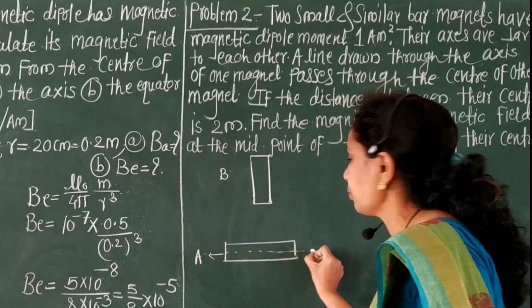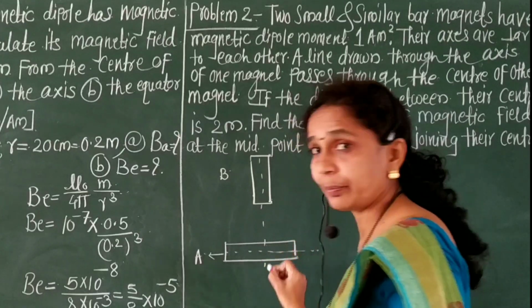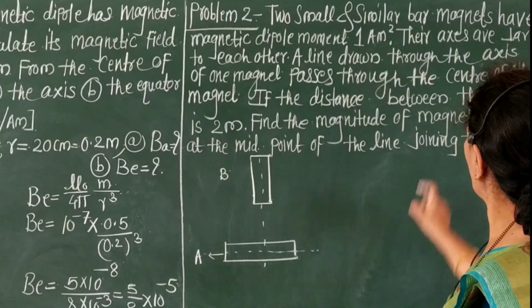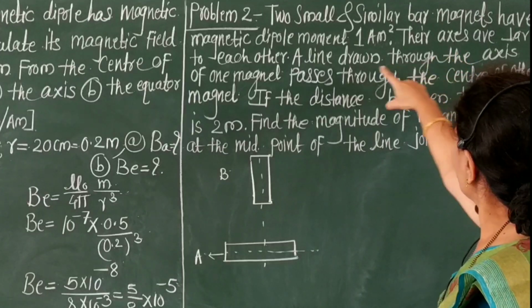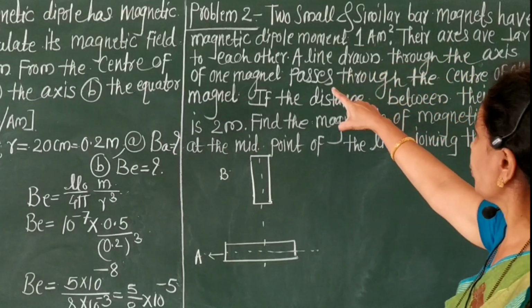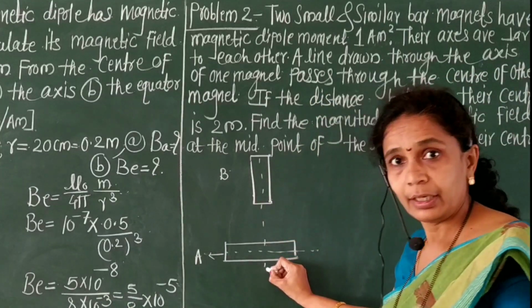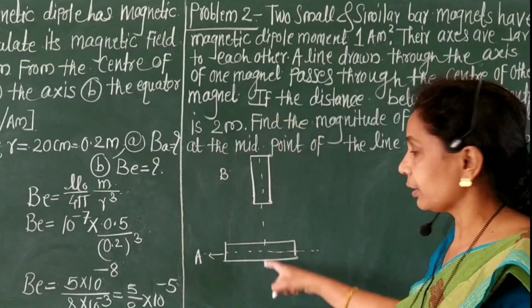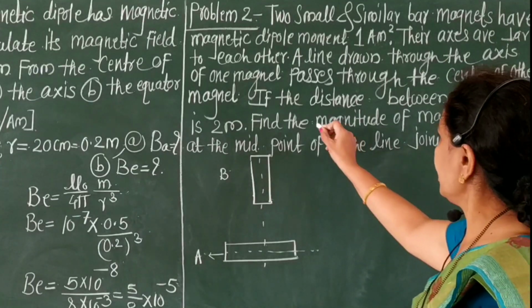This is the axis of first magnet, this is the axis of second magnet. They are perpendicular to each other. Okay, then a line drawn through the axis of one magnet passes through the center of the other magnet. Okay, सेंटरच्या बरोबर मधून दुसरा मॅग्नेटचा ॲक्सिस हा पास झालेला आहे.